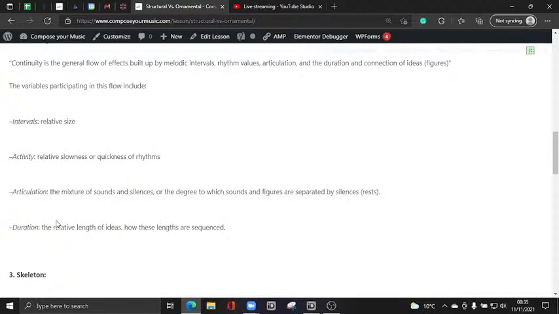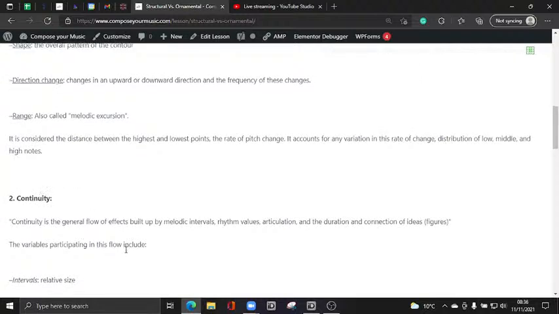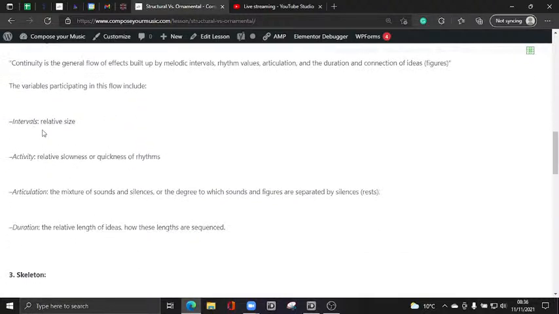That is what makes a motif a motif. You cannot look at just one of them, because you will be cutting out other important factors that make the continuity of the flow of all these effects.